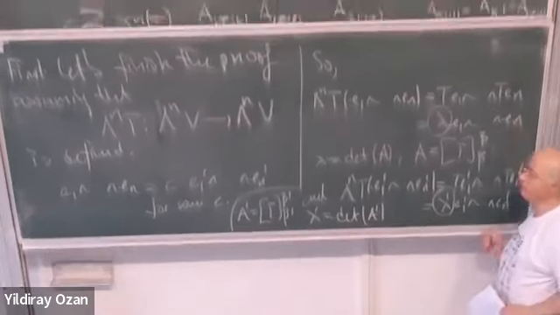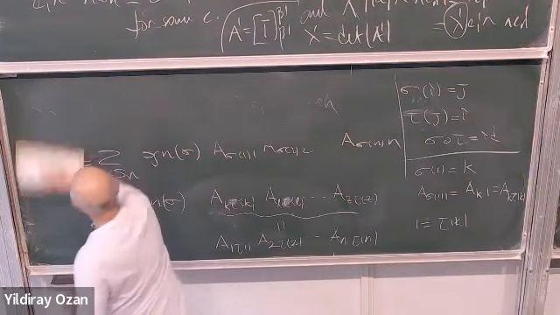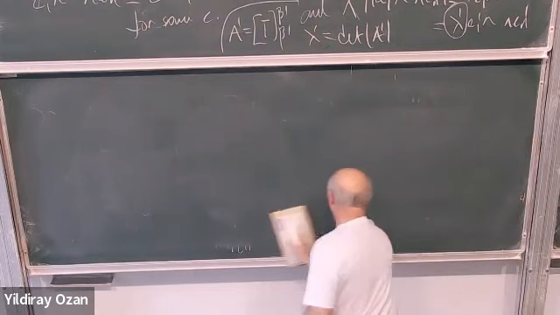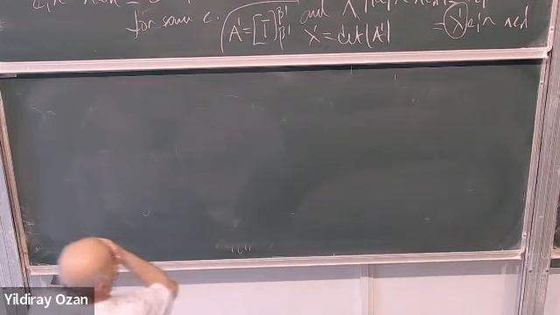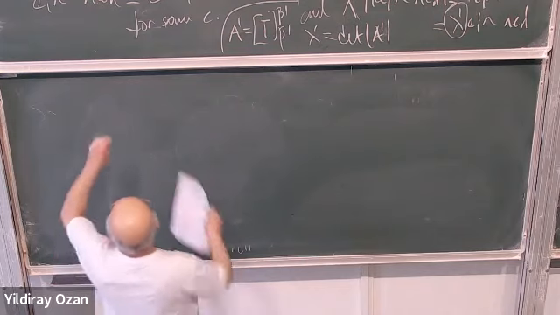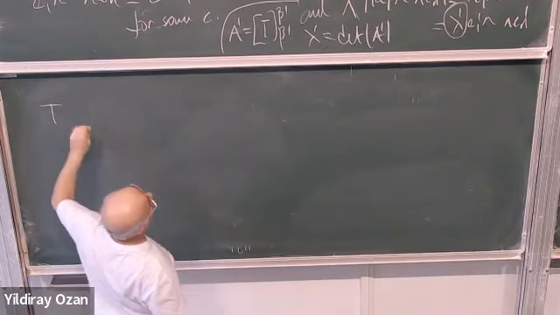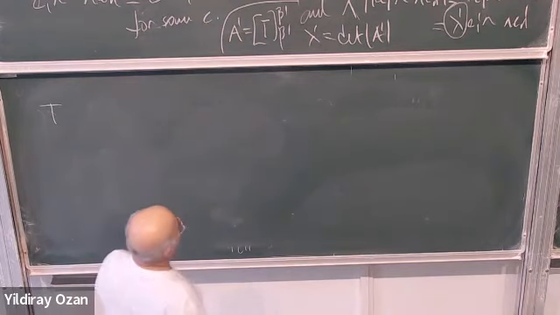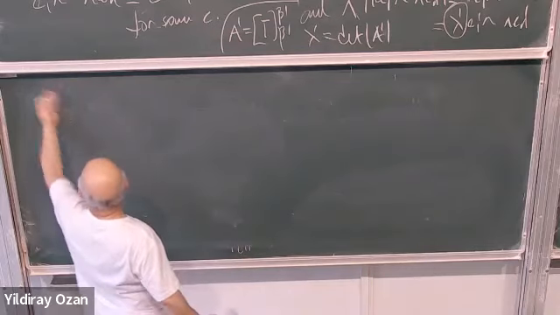Haven't we shown this? We have, but we can only count it as shown. Why? Okay, how can we show this? Well, okay, now T of... Lambda prime, what is it?